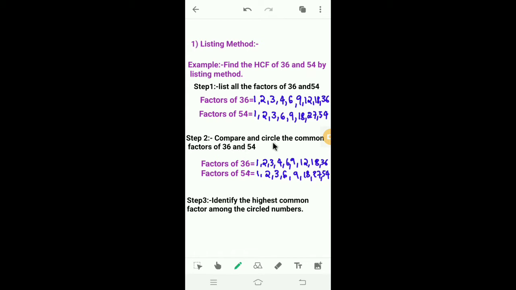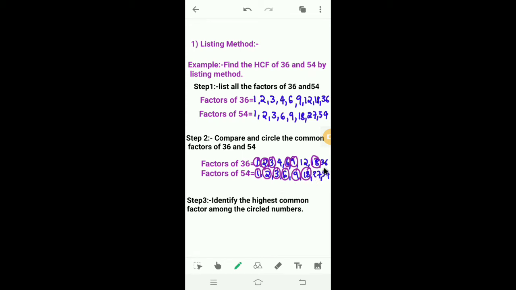Let's compare and circle the common factors. Here 1 is common in both the numbers, then 2, 3 are also common, then 6, 9, then 18 is common in both numbers. Next, we have to identify the highest common factor among the circled numbers.